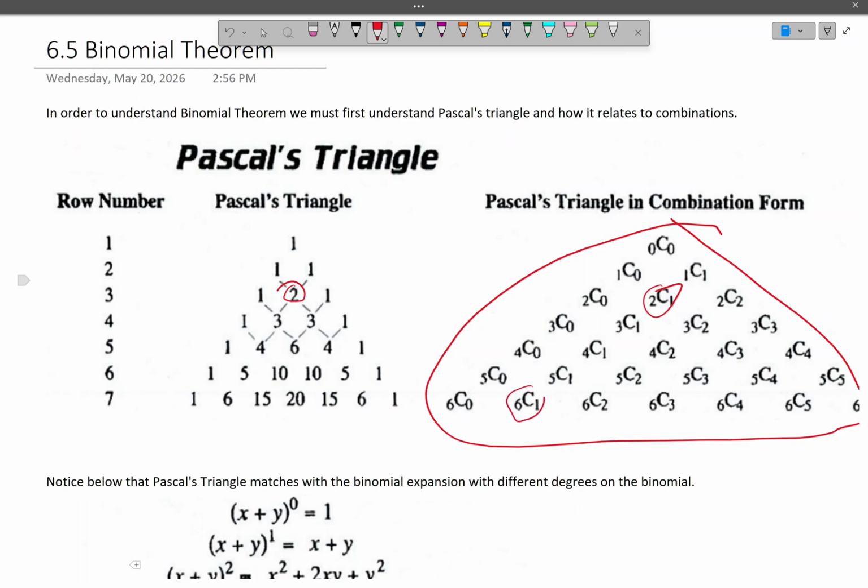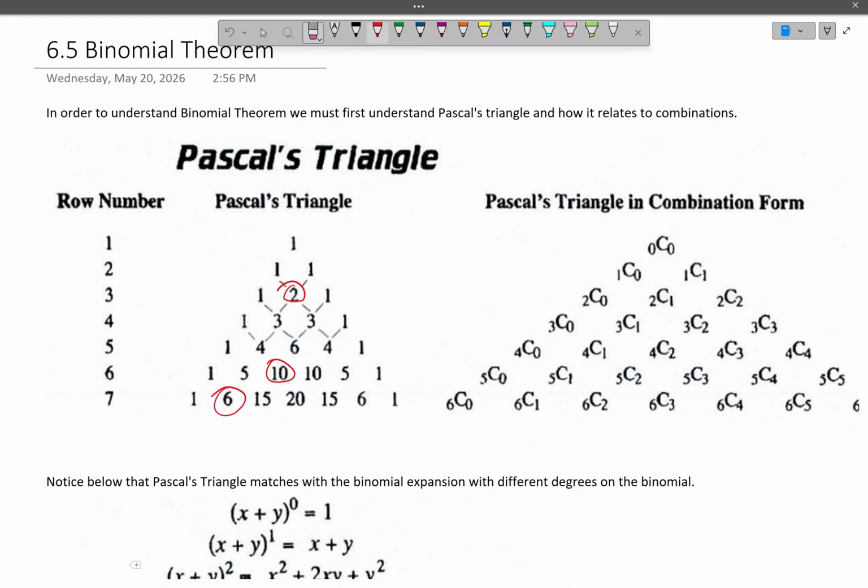So if I pick this one, it should be this one, this one, etc. So we can actually solve any value for a combination using Pascal's triangle if we wanted to. But more importantly, we can find binomial theorem answers using combinations and using Pascal's triangle. So go watch that video if you haven't.